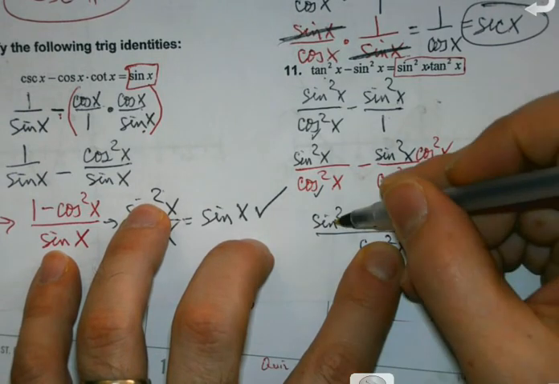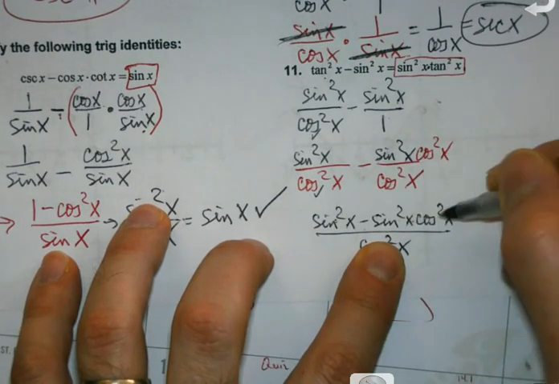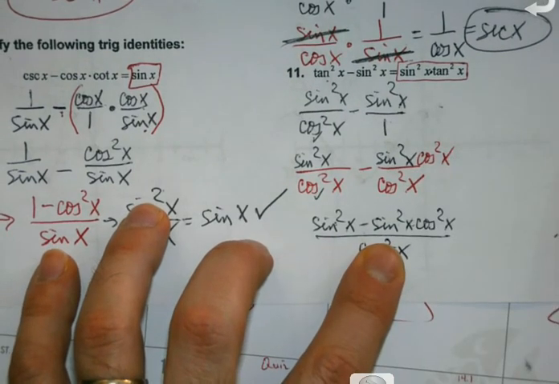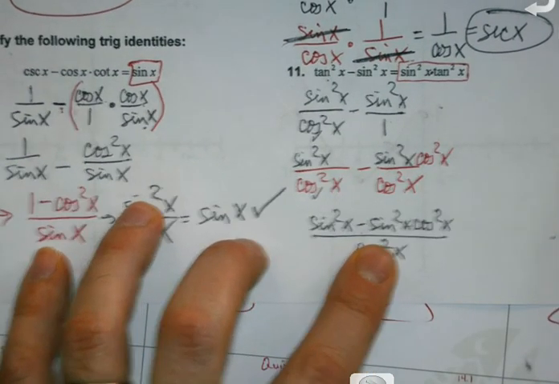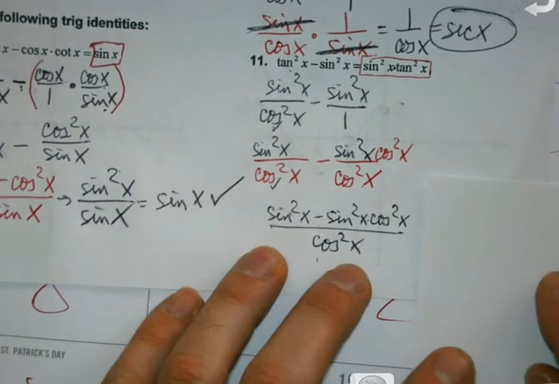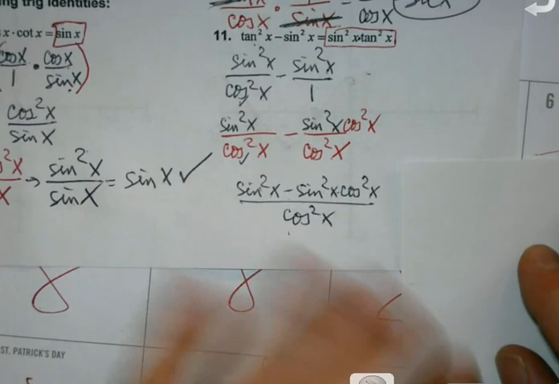What does sine squared x and sine squared x cosine squared x have in common? They both have a sine squared x. We're taking this a little bit in a roundabout way, but we're going to get there.